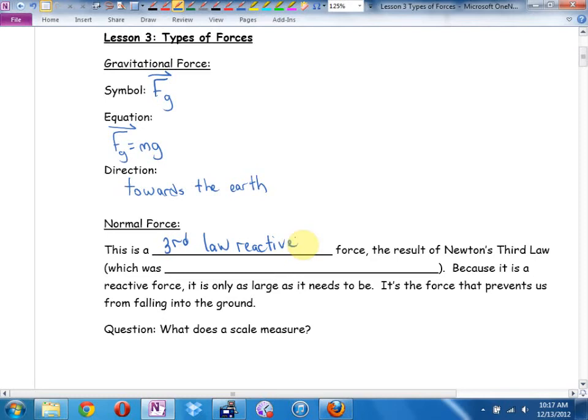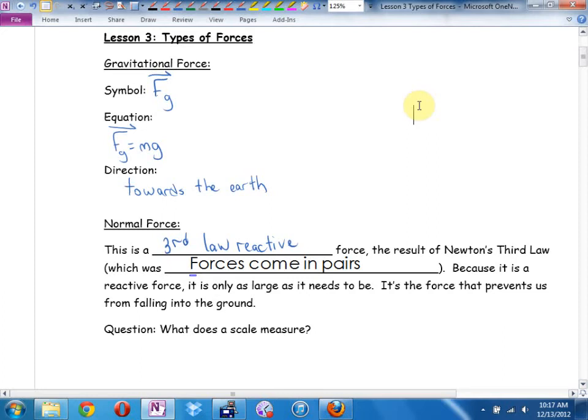Really, forces come in pairs. That's how I describe Newton's third law. And the normal force is a reactive force to something else applied to it.